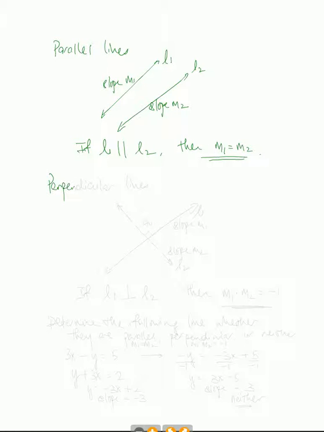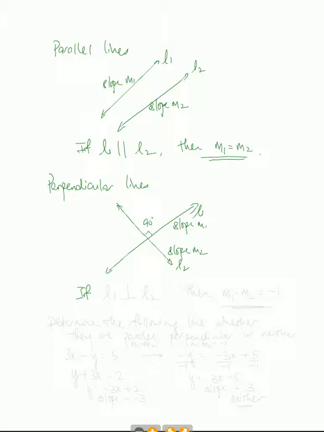What do we know about perpendicular lines? Perpendicular lines are lines that do meet, and they meet each other at 90 degrees. Supposedly the two lines have slope m1 and slope m2.